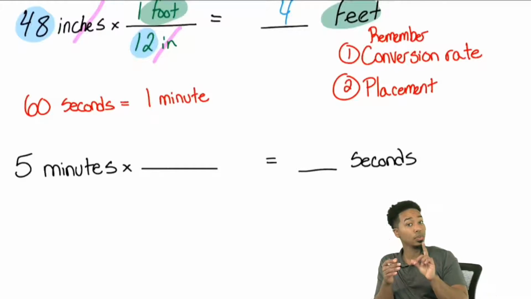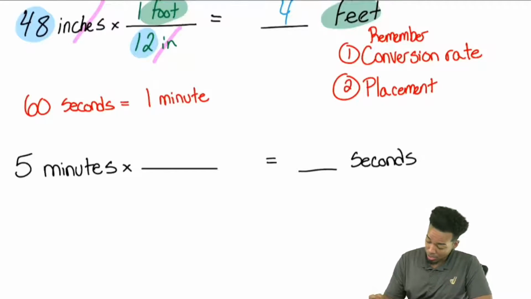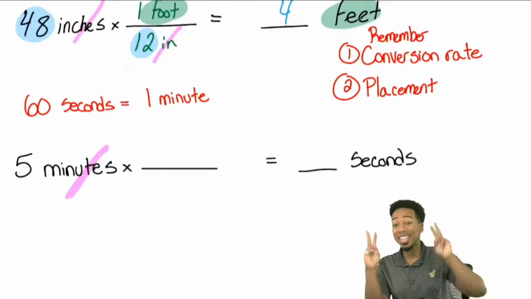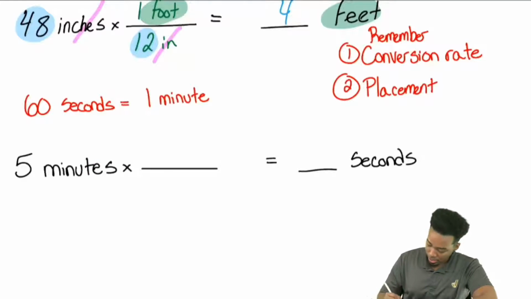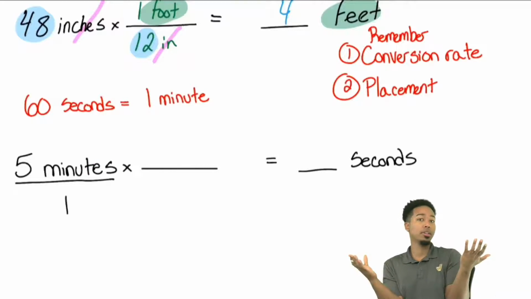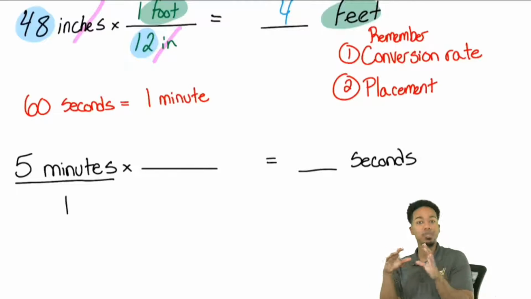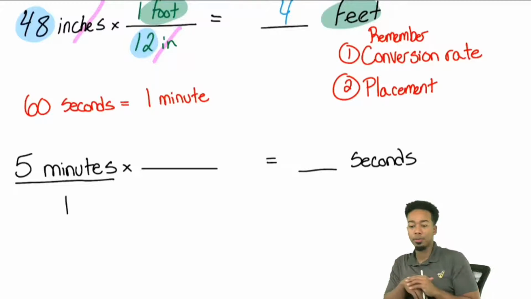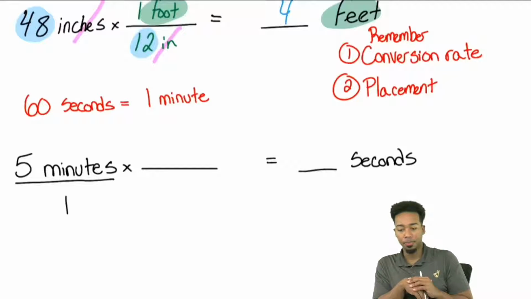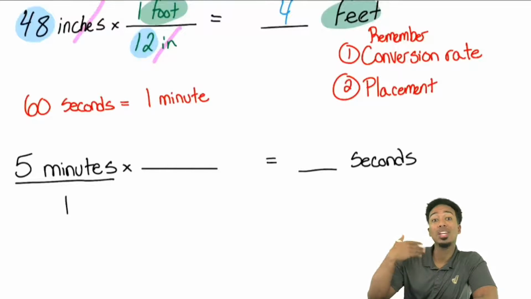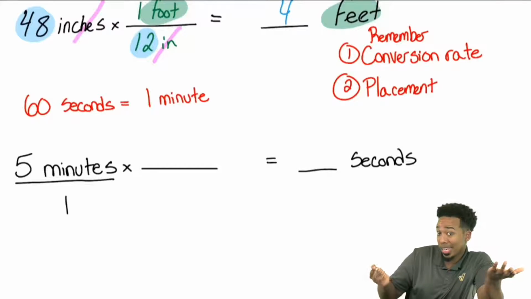Because remember, what I said was, I'm trying to cancel this out. And remember, technically, this is up top because you can write this as 5 minutes over 1. So if you don't see a fraction, assume you're starting with it up top. Yep. So with that said, boom, I'm starting with minutes, so I want to get rid of minutes and see how many seconds it is.